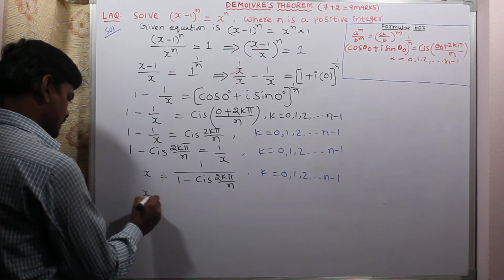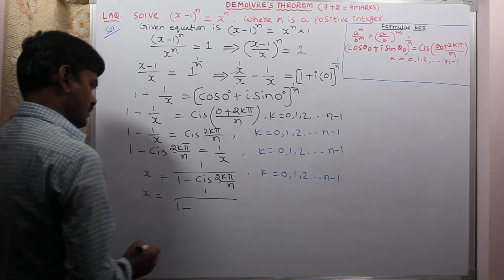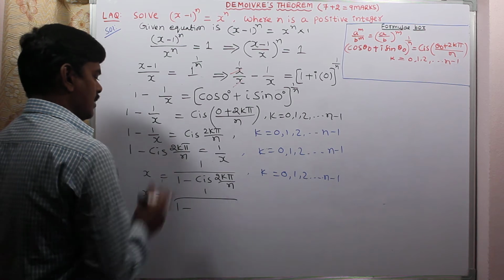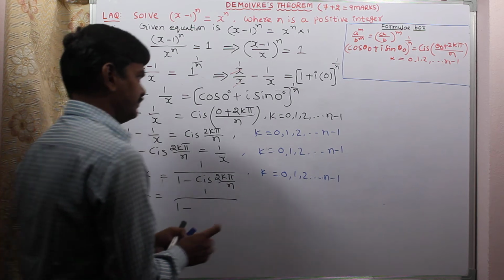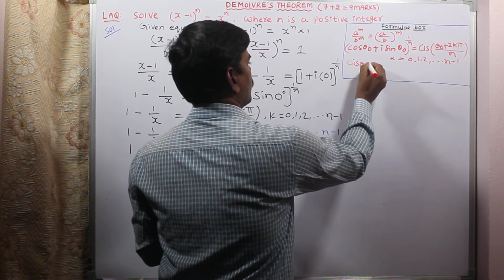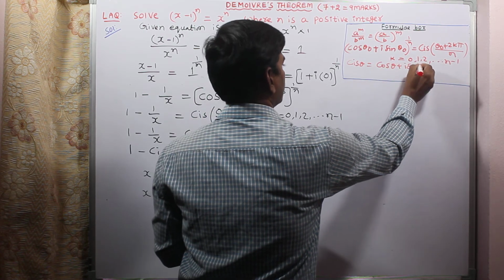So x is equal to 1 by 1 minus cis theta. Write its original form, cis theta. Okay, cos theta plus iota sin theta. Cis theta original form is cos theta plus iota sin theta.